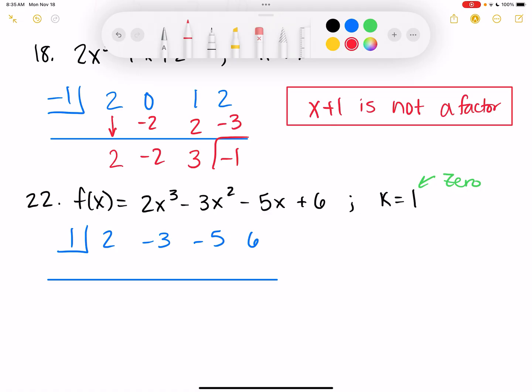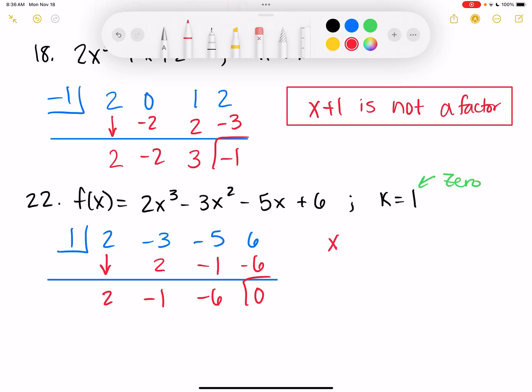We're going to bring down the 2. Times 1 is 2, minus 3 is -1, times 1 is -1, minus 5 is -6, times 1 is -6, plus 6 is 0. So we have confirmed officially that this is a 0.